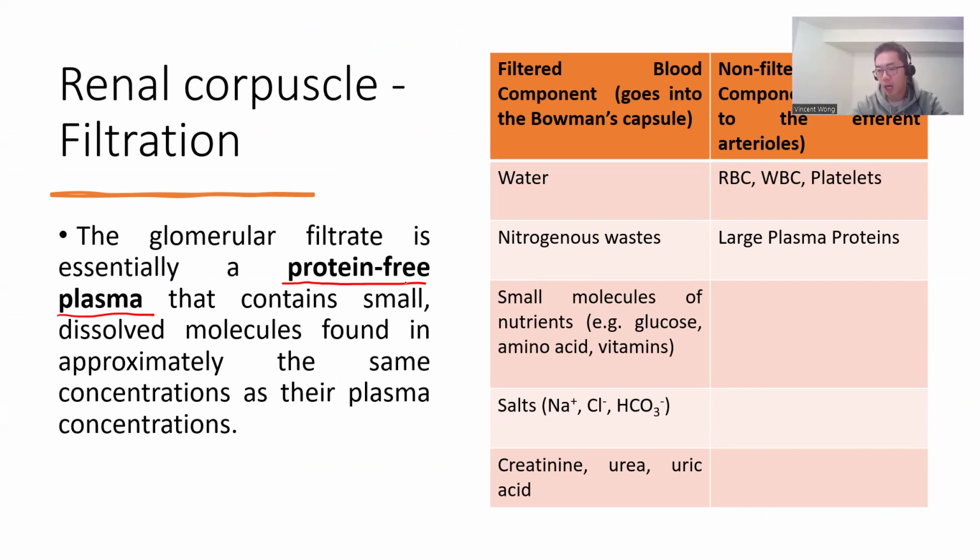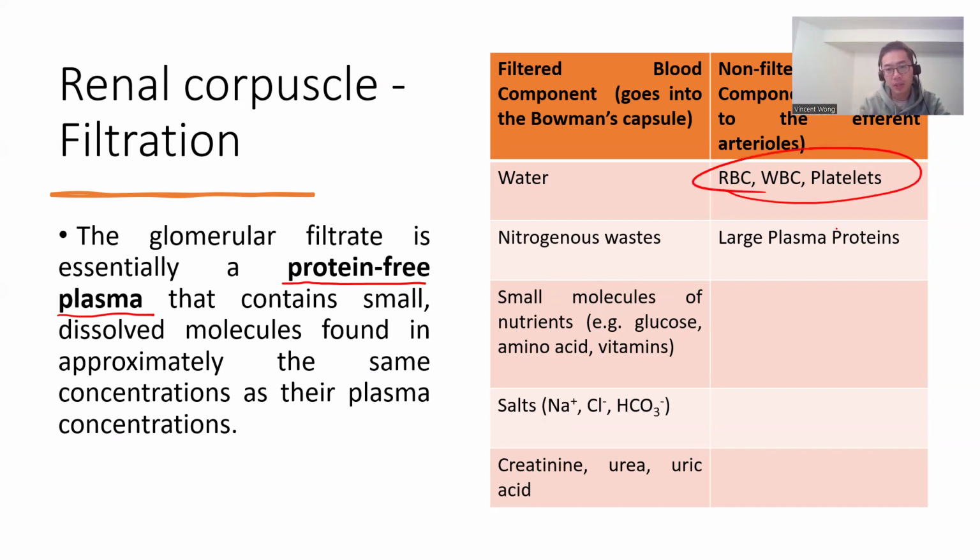If you spin down blood, you will get the cells at the bottom, and the fluid portion at the top is called plasma. It's mostly water. It has dissolved molecules in it: minerals, nutrients, waste products, and proteins. So if you remove all the proteins from the plasma, that's basically what the filtrate is. Proteins are too big to leave. Okay?